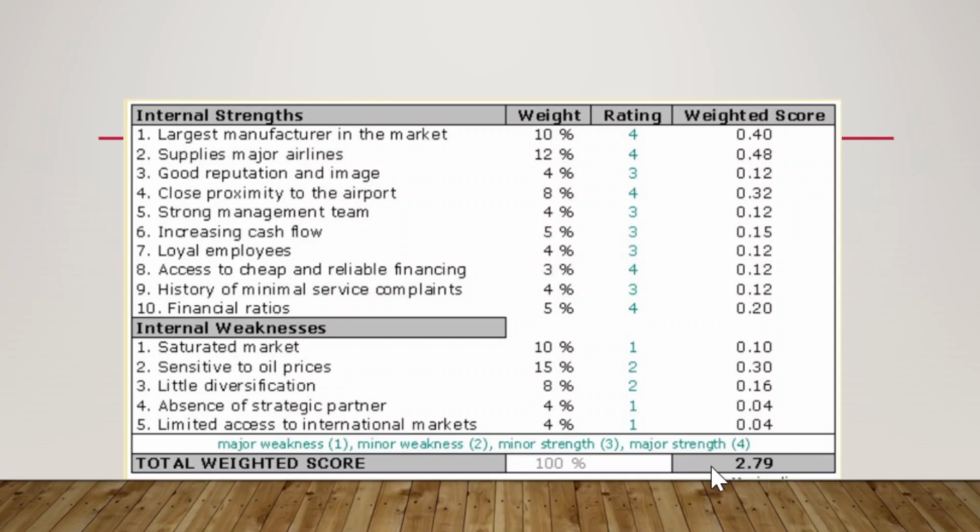And then we can now interpret yung performance of the firm based on the total weighted score. And bear in mind that the average total weighted score is 2.5. So if you have greater than 2.5 total weighted average, then it is good enough na for the firm.